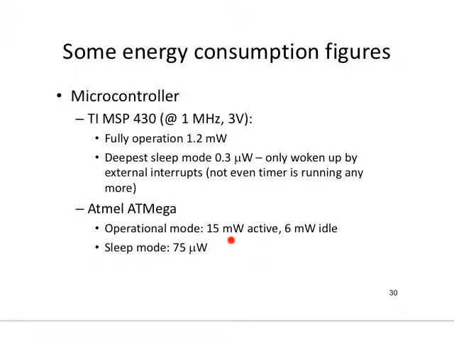This difference in energy consumption might be because of 2 things. Sometimes the circuit design is more optimized in the MSP 430, and that's why it consumes less power. Or sometimes the issue is that the Atmel is more powerful in terms of processing.